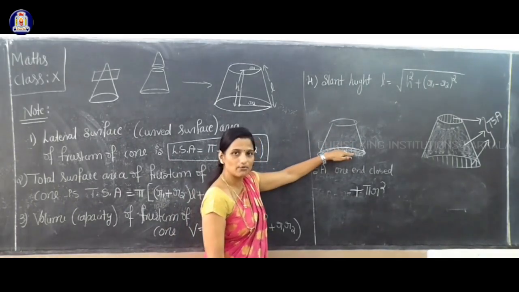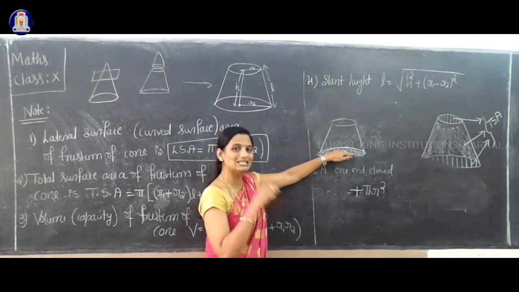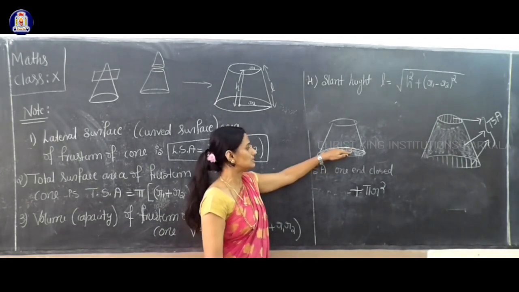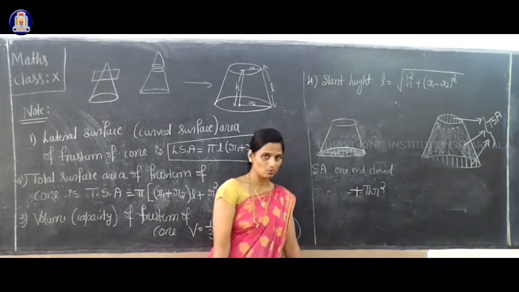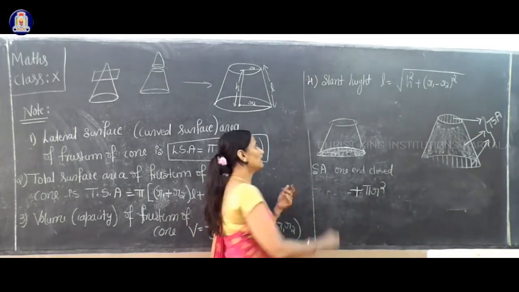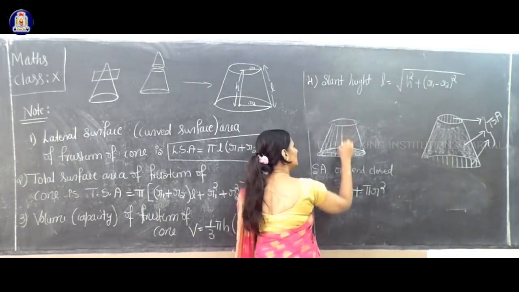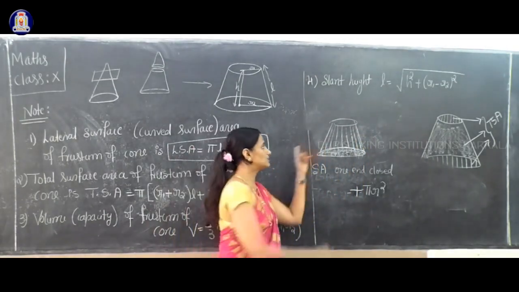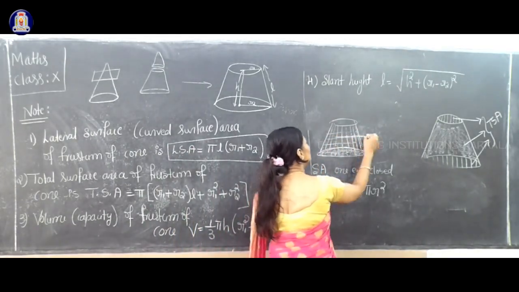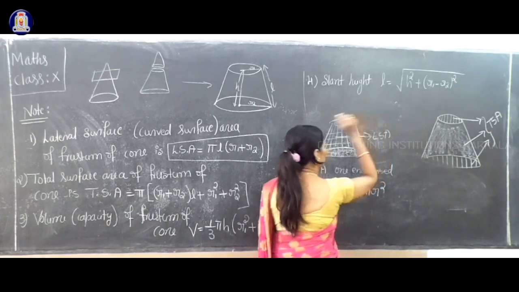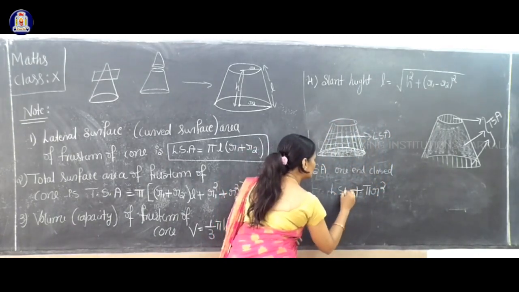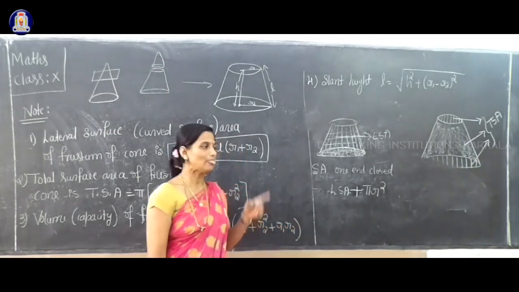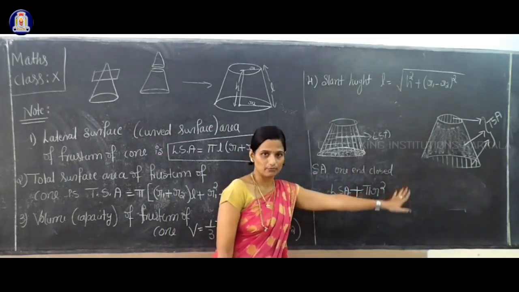The area of this shape, a circle, is pi r square. Clear? Now the frustum part, that is the curved component. This area is the lateral surface area. So plus lateral surface area. Clear? So we can't take total surface area.